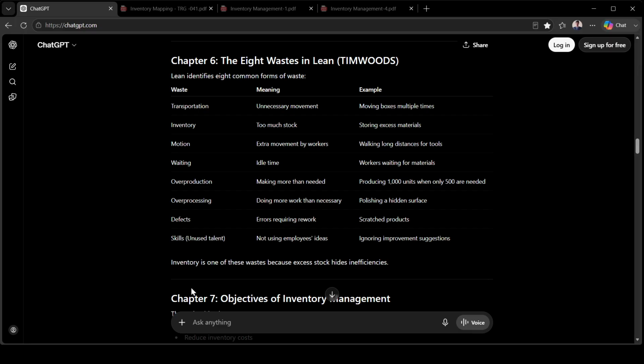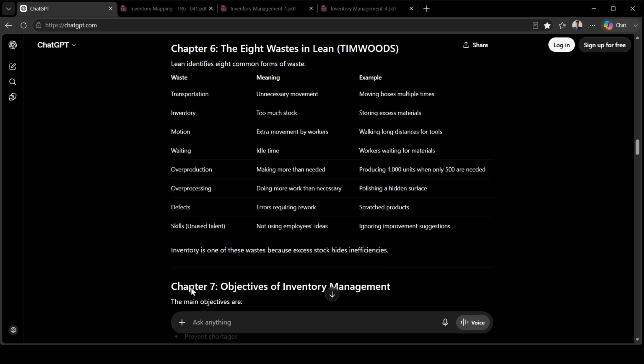Overprocessing: doing more work than necessary, polishing a hidden surface. Defects: errors, repairing, rework, and scratched products. Skills: unused talent, not using employees' ideas, ignoring improvement suggestions. So inventory is one of these wastes because excess stock hides inefficiencies.